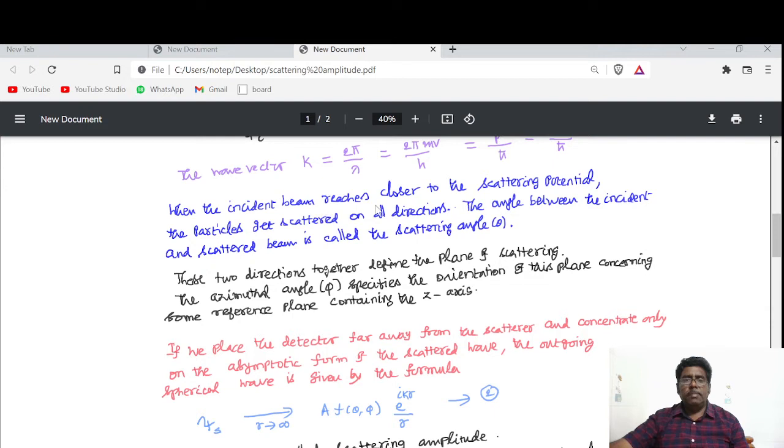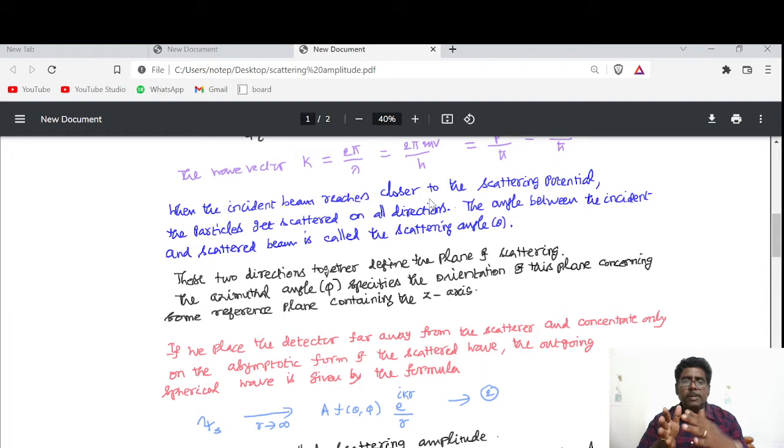When the incident beam reaches closer to the scattering potential, the particles get scattered in all directions. The angle between the incident and the scattered beam is called the scattering angle. Using the azimuthal angle, we may specify the direction of the scattered beam. The two directions together define the plane of scattering.